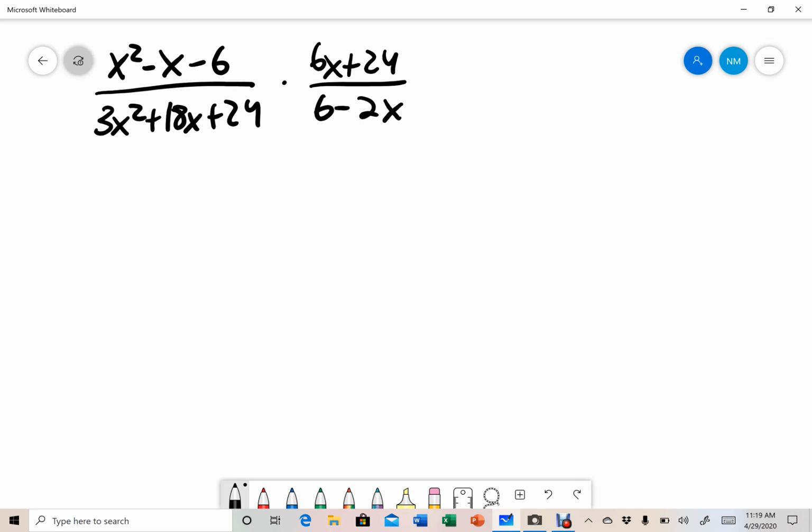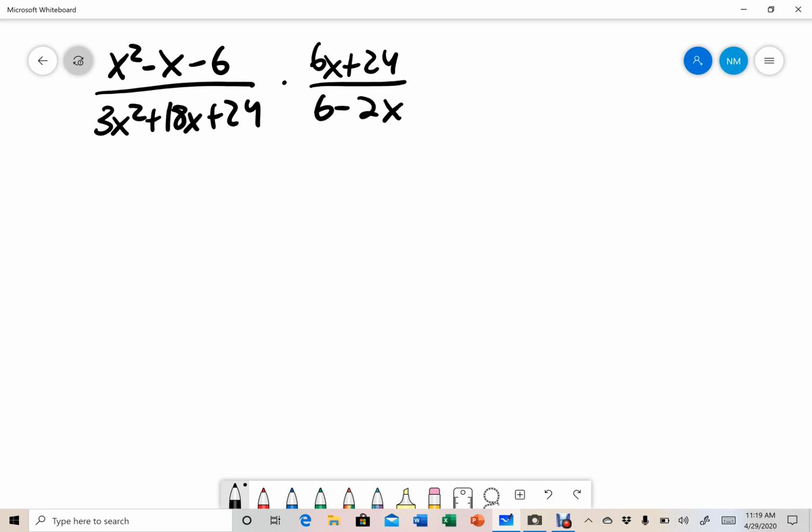Now again, let me remind you that there can be more than 2 fractions here. We can have 3 or 4 of them, but the same process will always apply. You're going to factor, you're going to cancel, you're going to multiply, you're going to set to 0, and then you're going to write your answer, okay? So all of those steps, no matter how many terms or how many fractions or expressions we have here, you're still going to follow the same steps, okay?